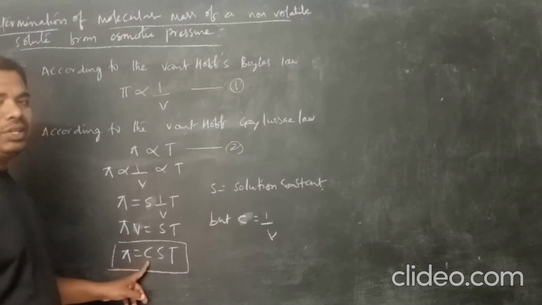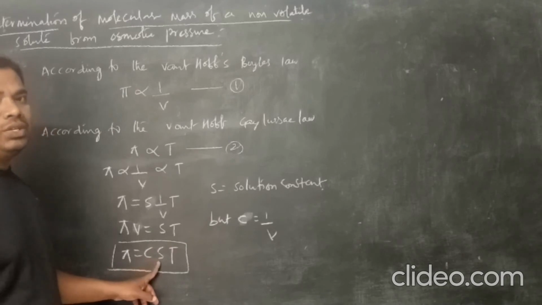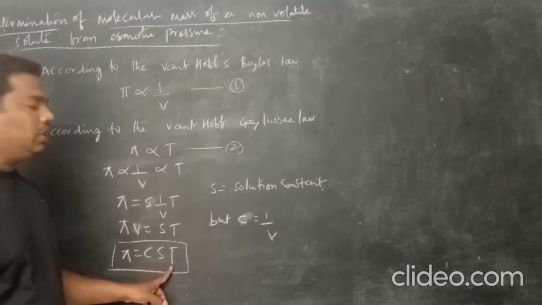Pi is equal to C, the concentration of the solution, into S T, where S is the solution constant and T is the temperature. Clear, students?